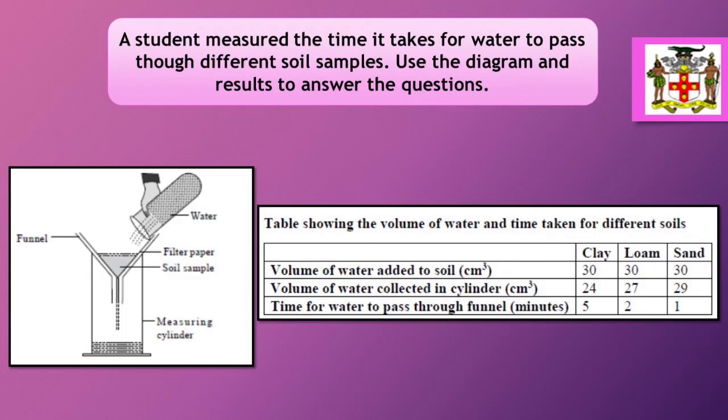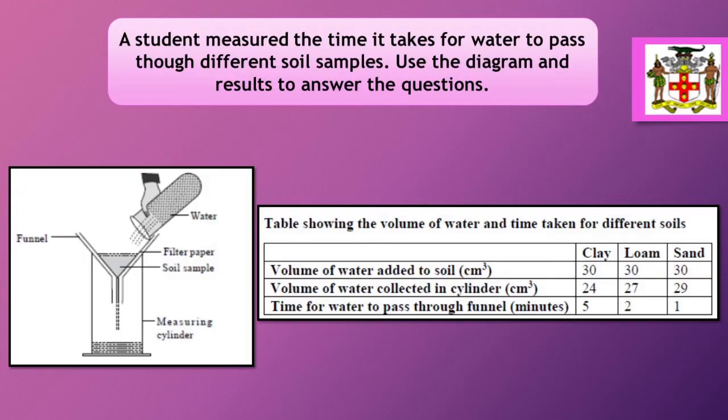If you notice from the table, we are given 3 soil samples: clay, loam, and sand. We're also given information on the volume of water added and the volume of water collected in the cylinder. So that would represent what? Passed through, right? Through the filter into the cylinder. And we're also given the time that the water took to pass through the funnel.